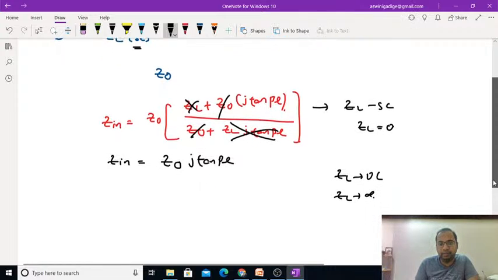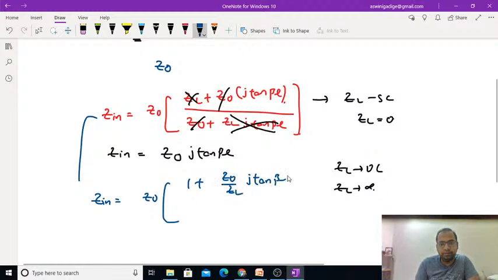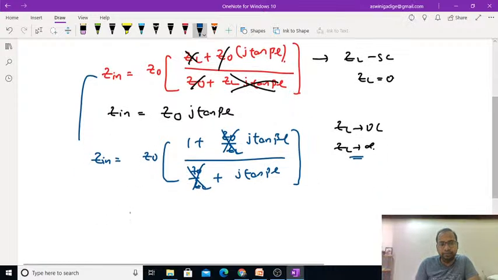Take ZL common from the numerator and the denominator, and I get 1 plus Z0 by ZL j tan beta L divided by Z0 by ZL plus j tan beta L. Now substituting ZL as infinity, these terms become 0. Finally Zin is equal to Z0 divided by j tan beta L, which is nothing but minus j Z0 cot beta L. These are the two expressions I got.